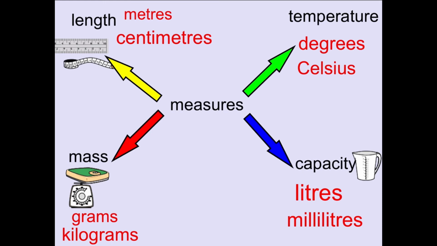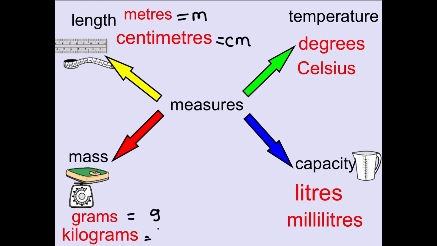When we write these measurements, because some of these words are quite long, there are little abbreviations we use instead of writing the whole word. So for metres, it's just a little m. So if I draw a little equals sign, metres equals m. Centimetres, you might have seen this one before, is cm. Grams, I think you can guess that one, is a g.